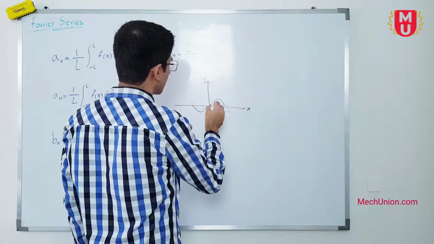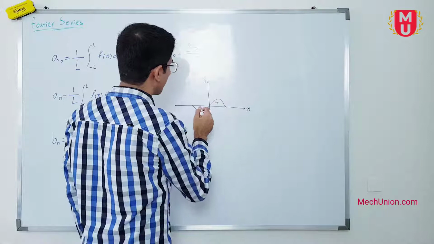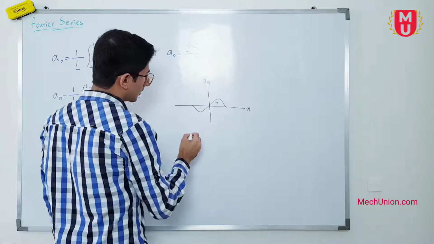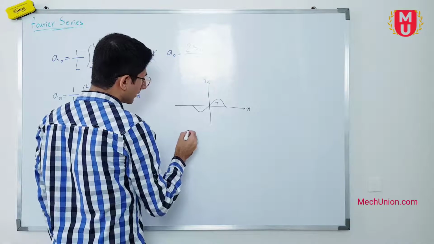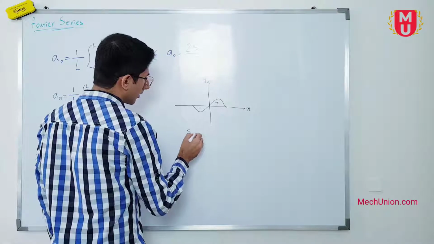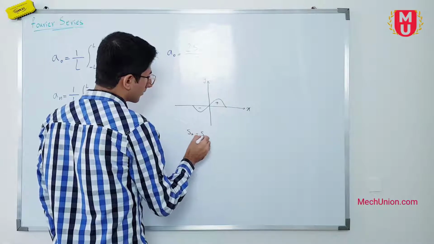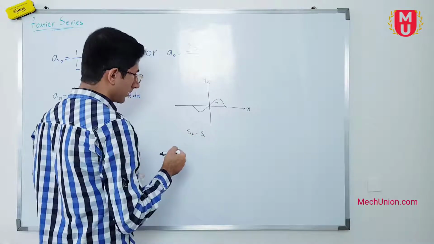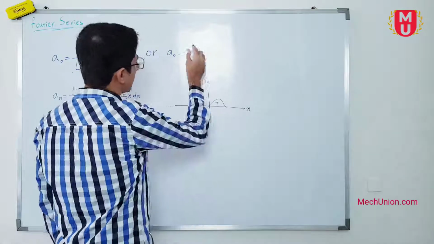We should consider this surface plus, or positive, and this surface minus. We subtract the negative surface from the positive surface, and this is the net surface.